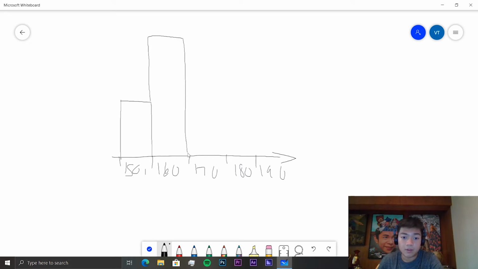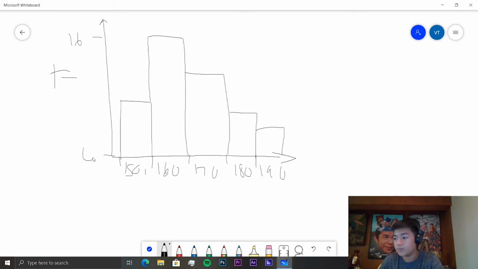And we have these bars like this. And we have the frequency up here, so this ranges from 16 to 0.